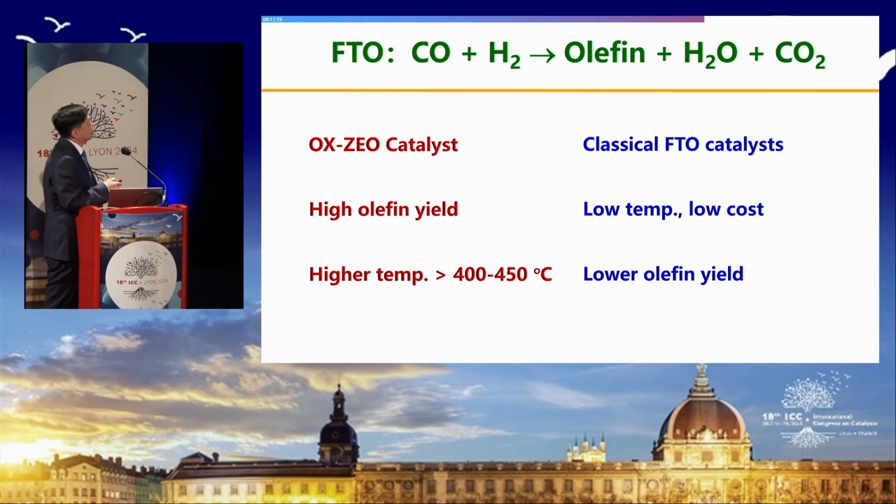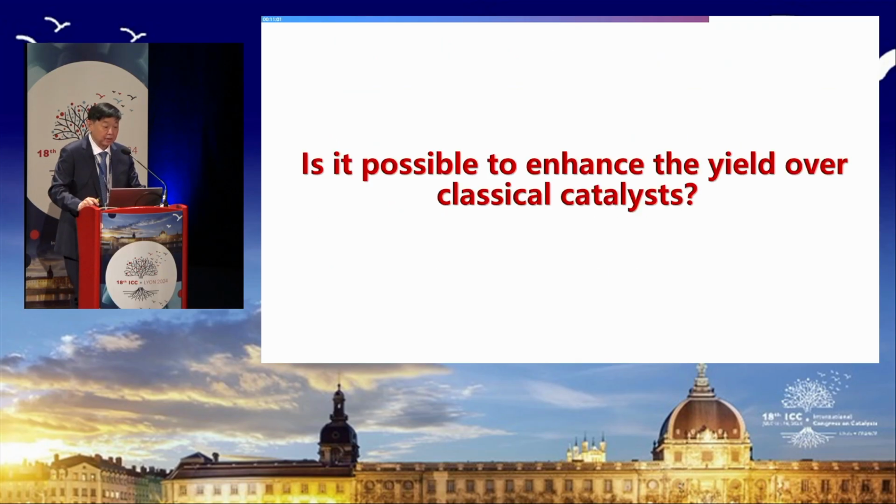On the other hand, there is the classical catalyst from Professor Yuhan Sun in Shanghai. The temperature was just over 250, low cost, but lower olefin yield. So our new idea is to possibly enhance the yield over the classical catalyst.